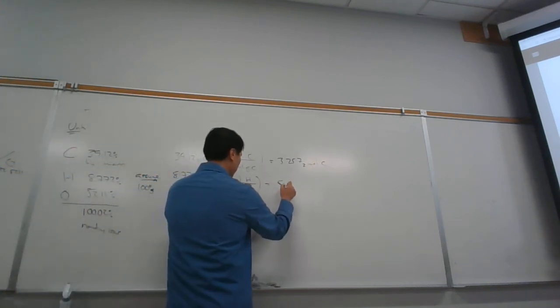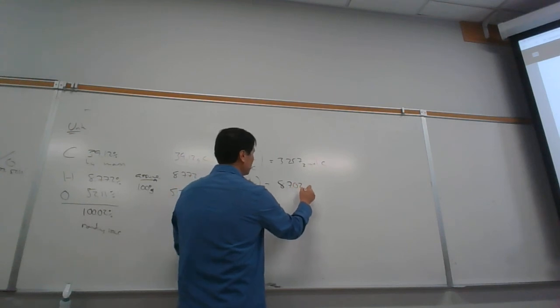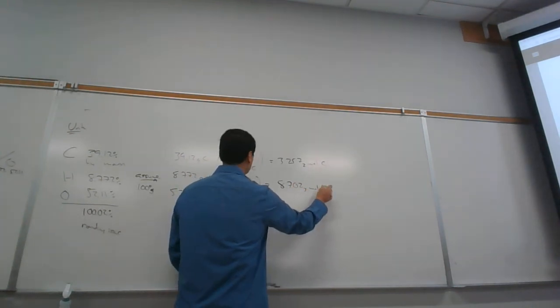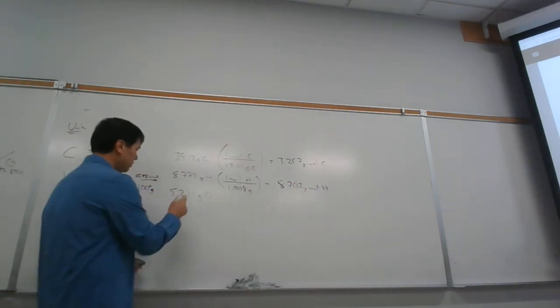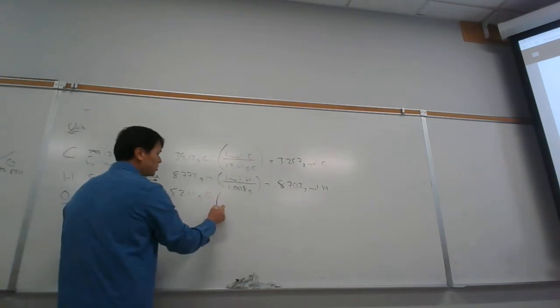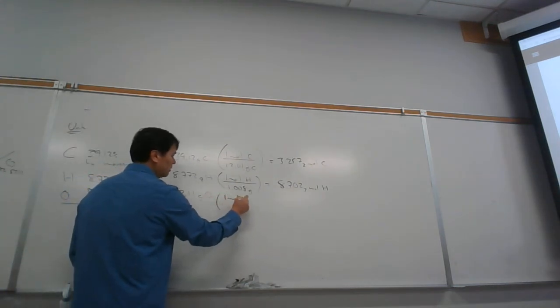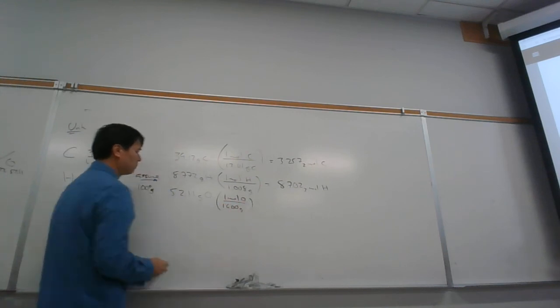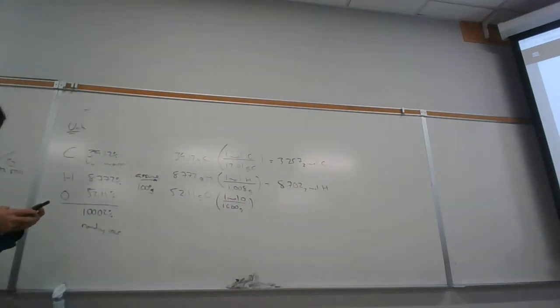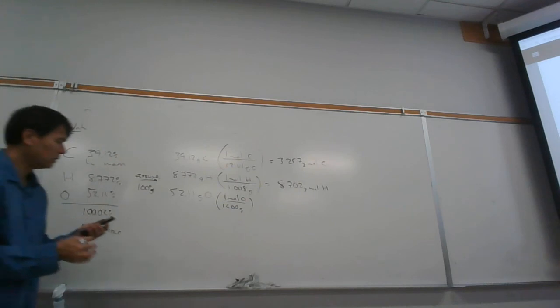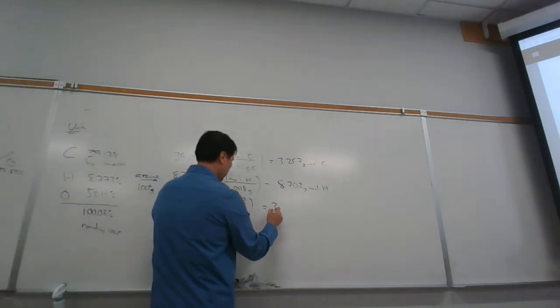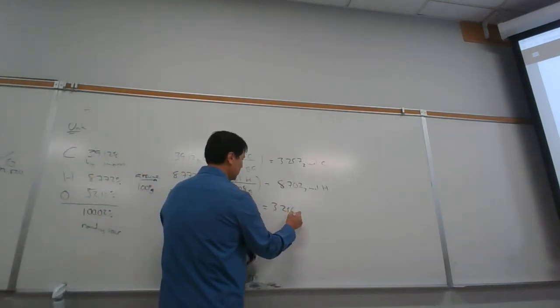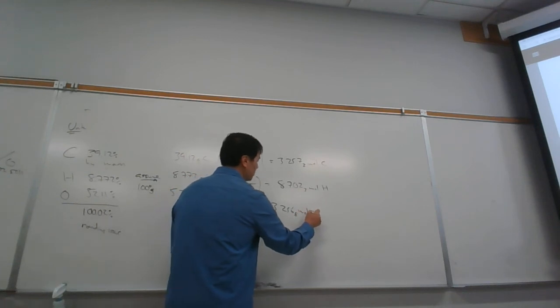And that's going to give me 8.702, so 3 moles of hydrogen. And then we'll do oxygen. 1 mole of oxygen weighs 16.00 grams. And so 52.11 divided by 16 gives me 3.256 8 moles of oxygen.